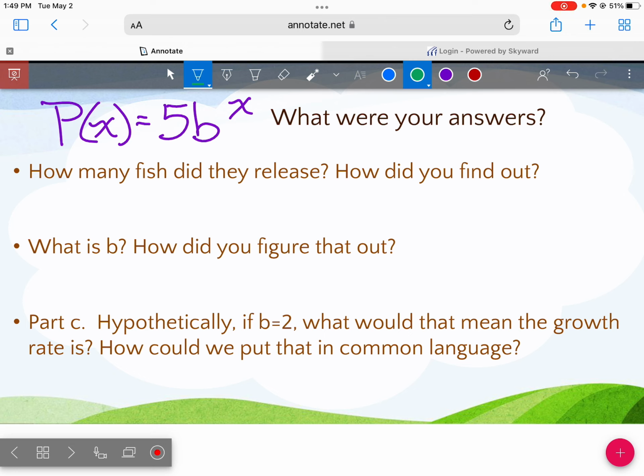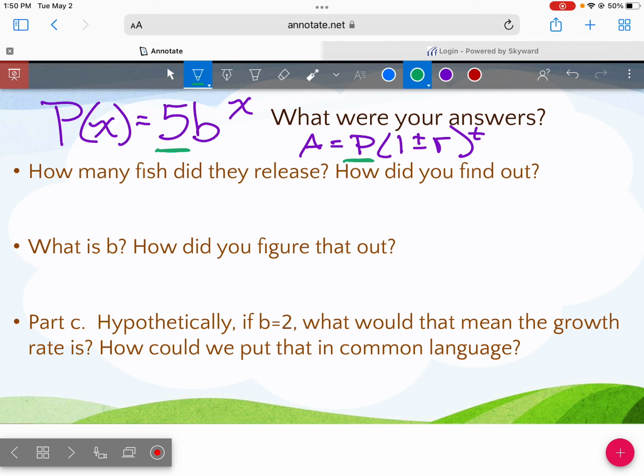So in my exponential function, if you remember, it is A is equal to some P times 1 plus or minus the R all to the T power. So P, before we get to our growth rate or decay rate or decay factor, blah, blah, blah, is 5.